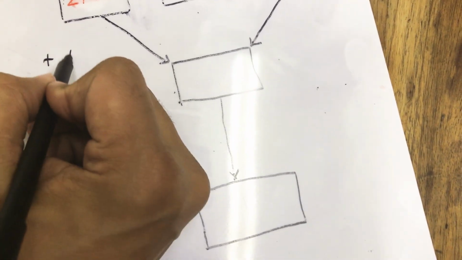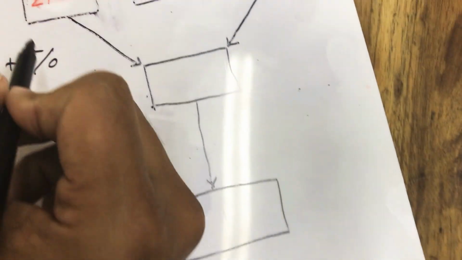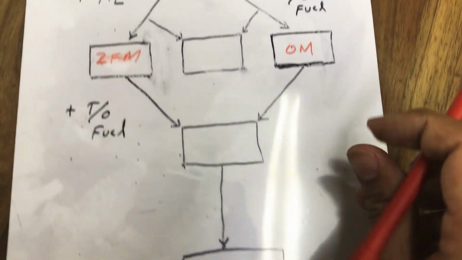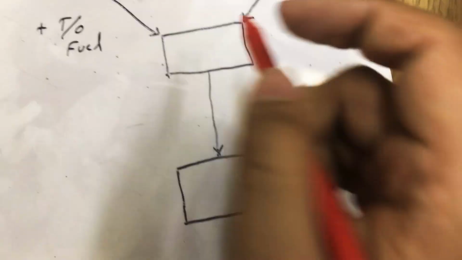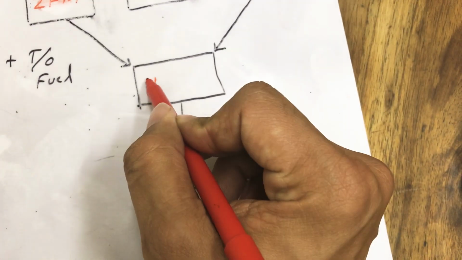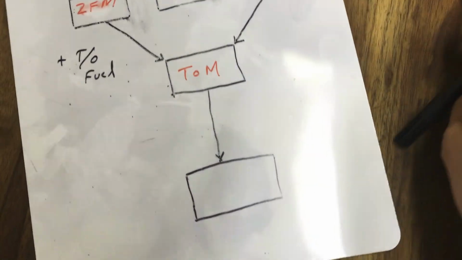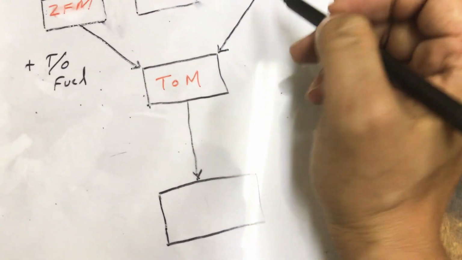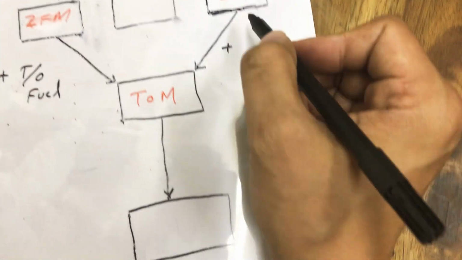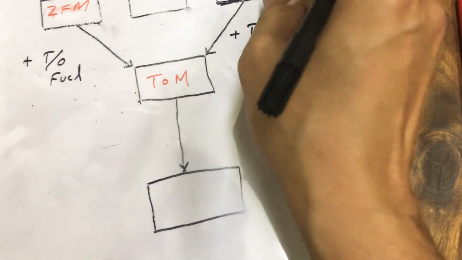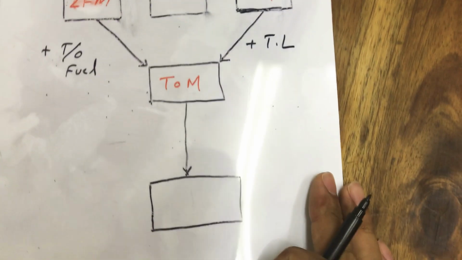Now, with zero fuel mass, if we include takeoff fuel, this will give us takeoff mass. With operating mass, if we include traffic load, this will also give us takeoff mass.